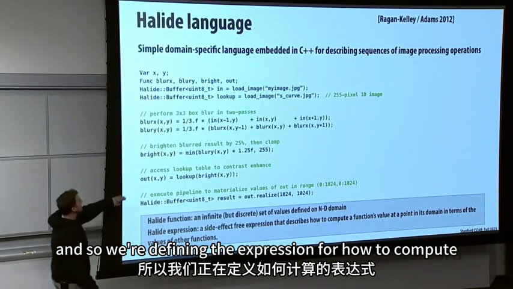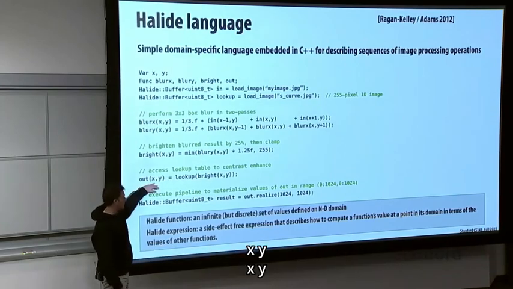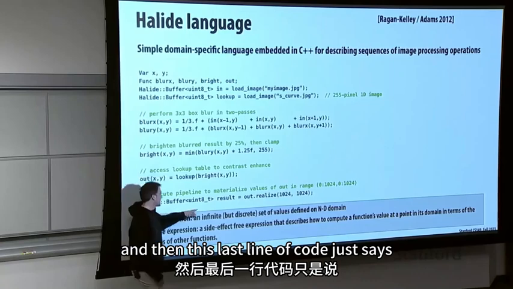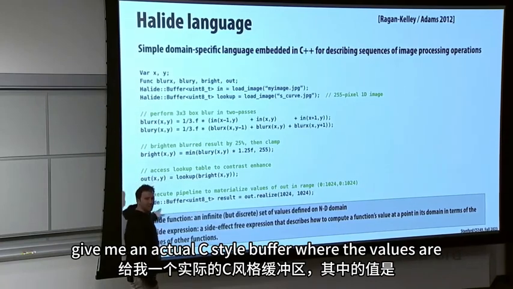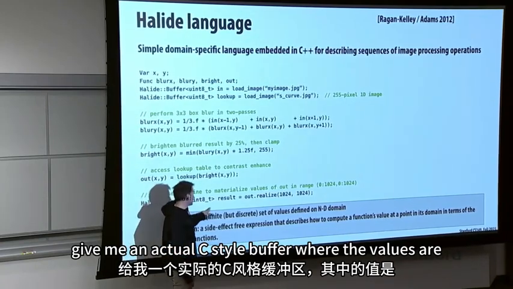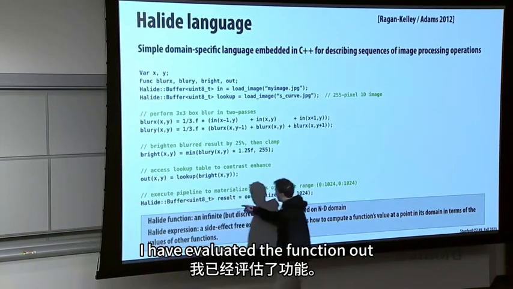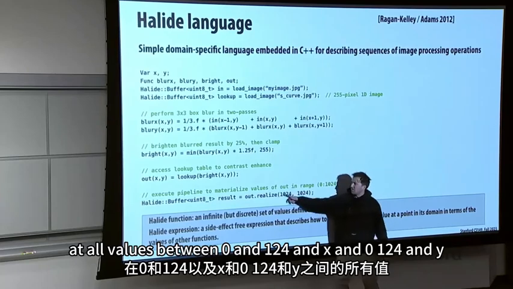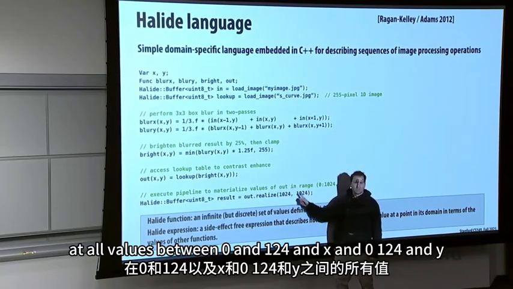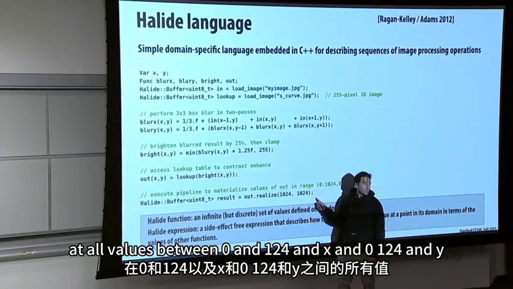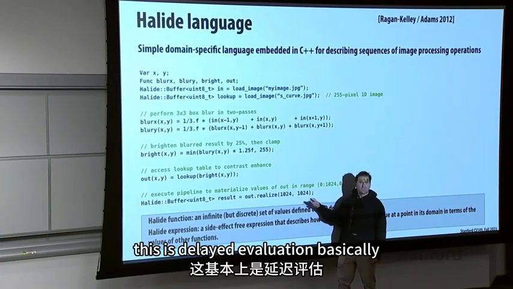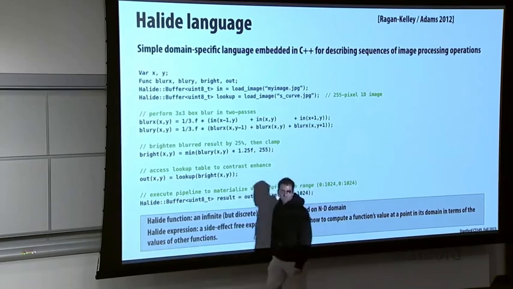And so we're defining the expression for how to compute xy. And then this last line of code just says, give me an actual C-style buffer where the values are, I have evaluated the function out at all values between 0 and 124 in x and 0 and 124 in y. Okay, so it's delayed evaluation, basically.